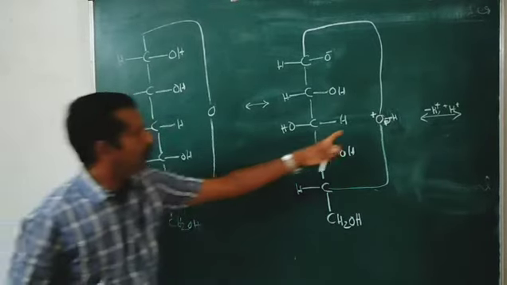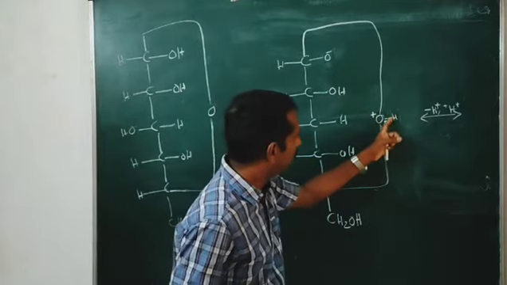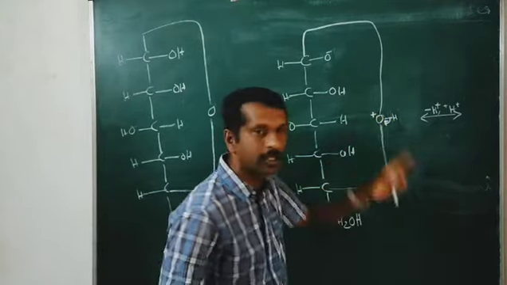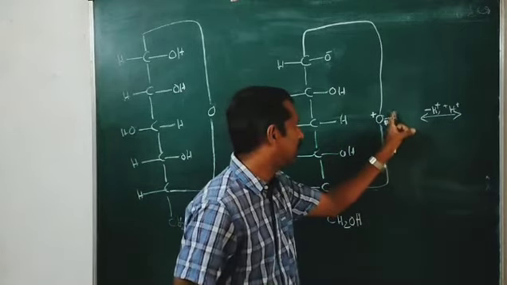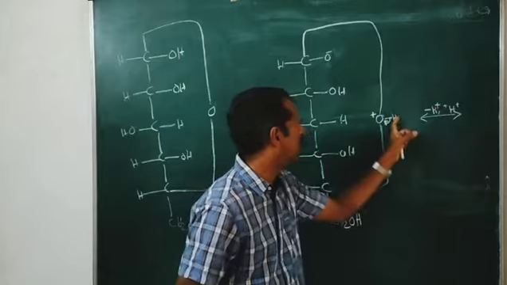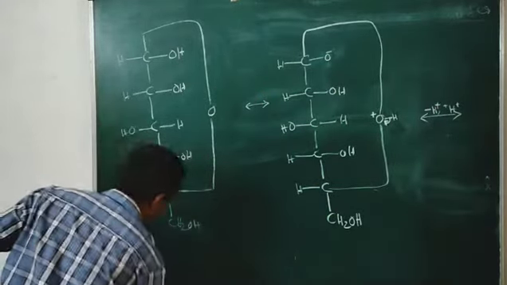So in order to gain stability, what will happen? This bond is coming back to oxygen, then this positive charge is removed. Then here the H plus is removed, that means minus H plus, and that H plus is attaching to oxygen. So you get this structure.